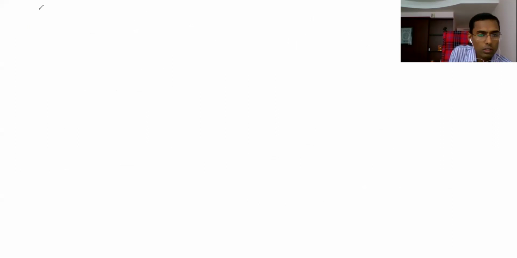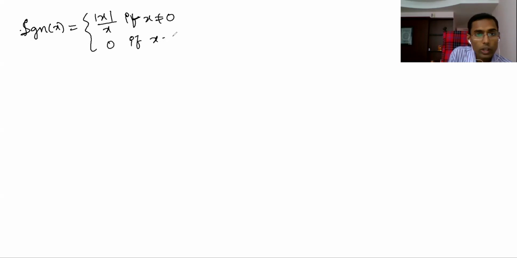So for example, f of x equal to signum of x. Either you take mod x by x if x is not equal to 0, and 0 if x is 0. When x is 0, you cannot take this definition. This definition is only when x is not equal to 0.